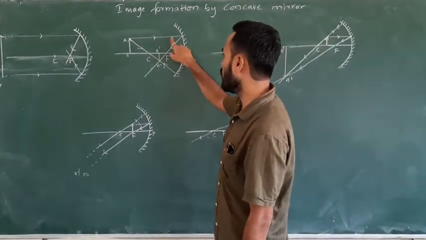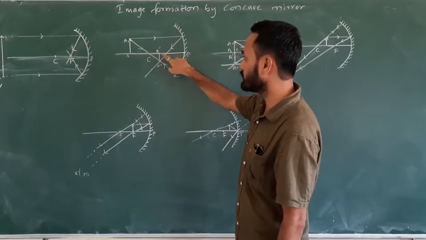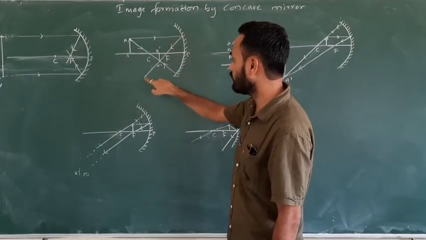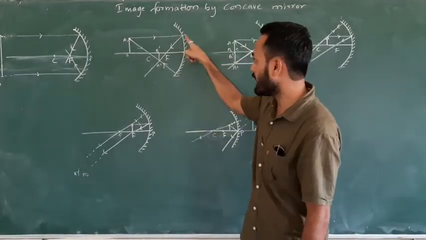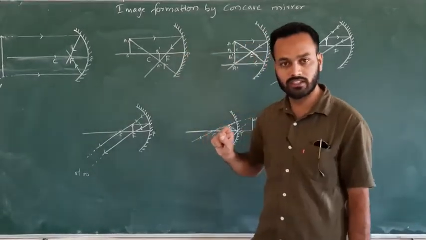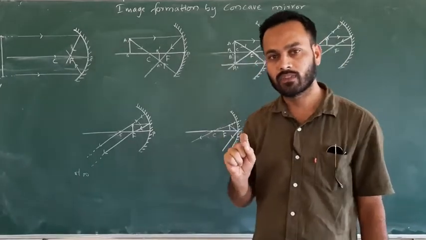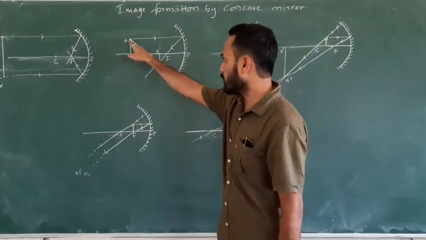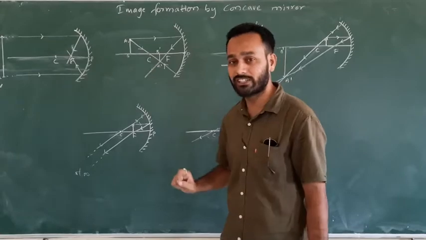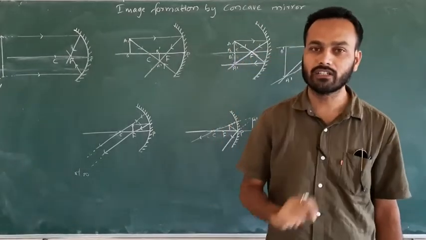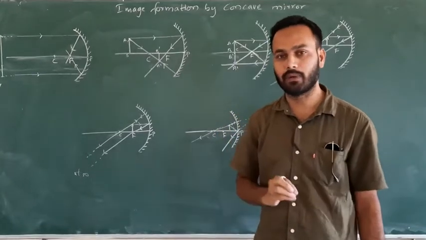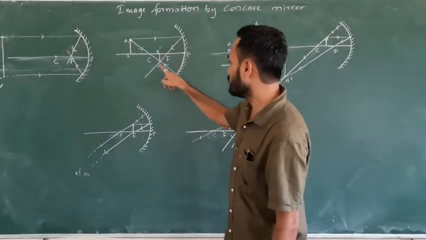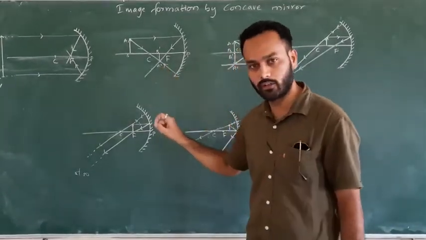The ray of light which is parallel to the principal axis, after reflection passes through the principal focus, as you could see here, represented with the arrowhead. Now another ray of light which passes through the center of curvature, after reflection returns back along the same path, which is indicated by the arrowhead.